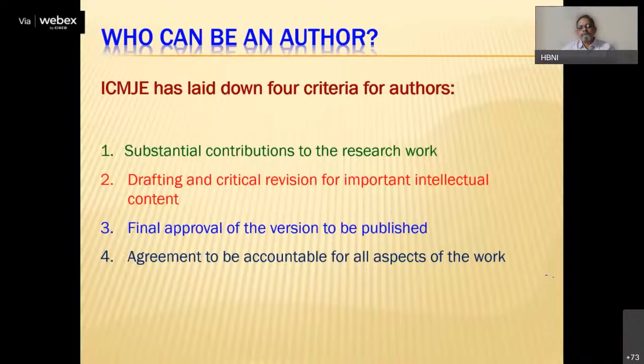Agreement to be accountable means accountability in all aspects of the research work, and in ensuring that all the questions related to the accuracy or integrity of any part of the entire research work are appropriately investigated and resolved. So these 4 criteria are laid down by ICMJE for an author.